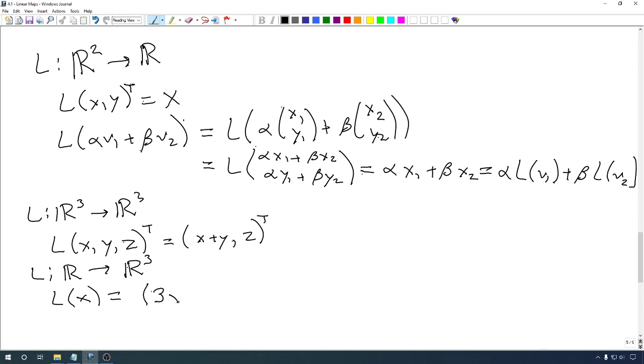Well, it just kind of comes down to putting multiples in front of x's here. So something like that. Sort of like from R to R from before, our choices here are kind of limited. It's really just x times some numbers in each of our slots.